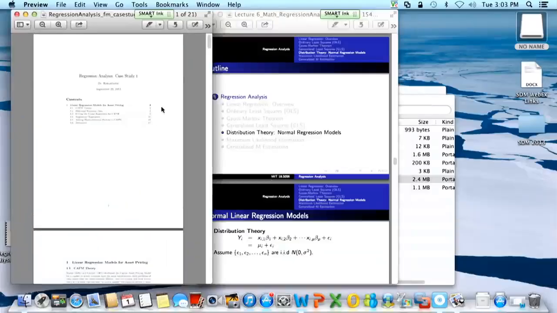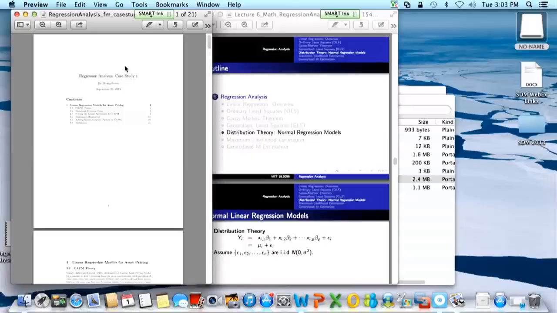added to the course website, and this first one is on linear regression models for asset pricing. I want you to read through that just to see how it applies to fitting various simple linear regression models.